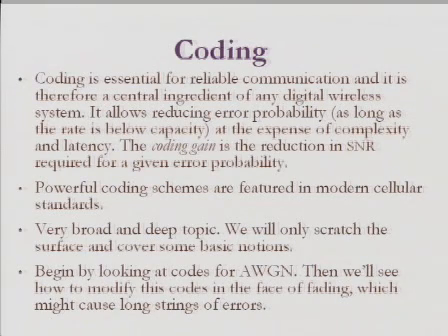For example, BPSK, you have a formula that tells you at a given SNR, if you're using BPSK, what's the error probability, right? So using coding, you can achieve the same error probability with a smaller SNR. So that would be the coding gain. So modern cellular systems, such as the one that you guys use, feature very powerful coding schemes, very, very powerful. It's a major part of the processing in your cell phones.